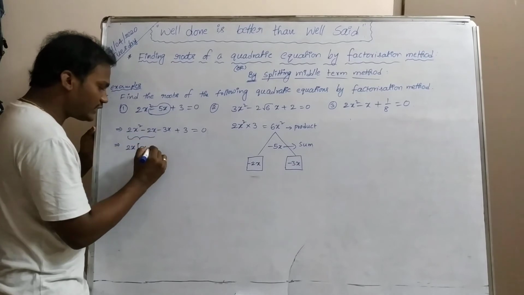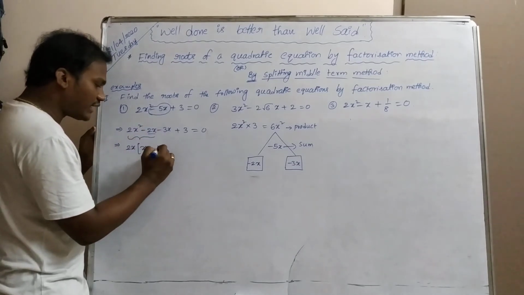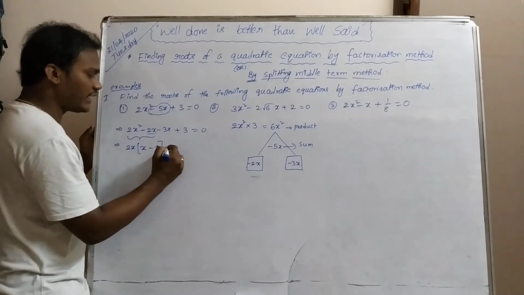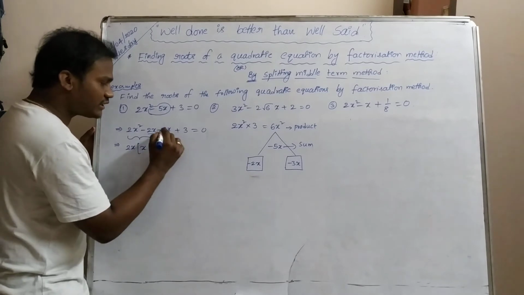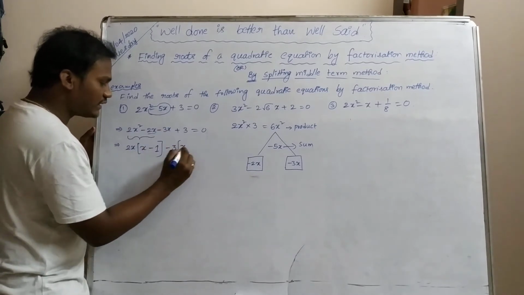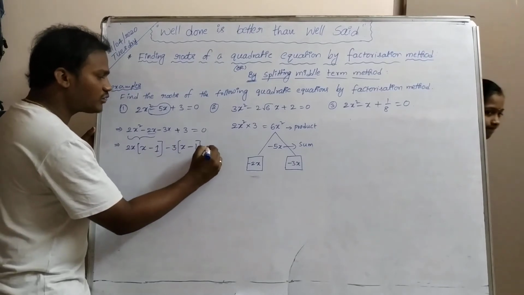And what is the sign? Yes, minus. If I take 2x common, what is left in this term? Yes, there is 1. So minus 1. In the next two terms, if you take minus 3 common, what is left out is x, and minus times minus becomes plus, and 1, is equal to 0. That gives 2x(x minus 1) minus 3(x minus 1) is equal to 0.